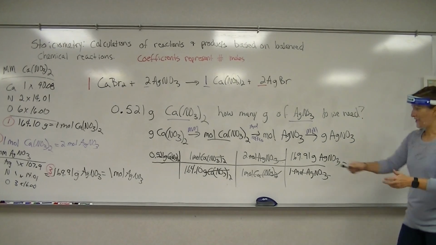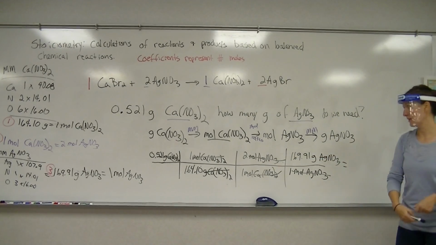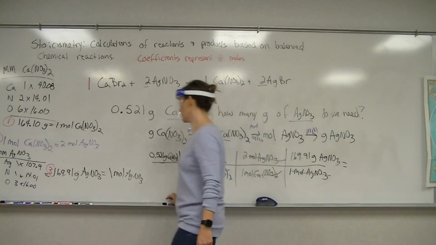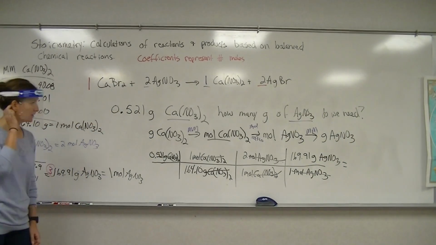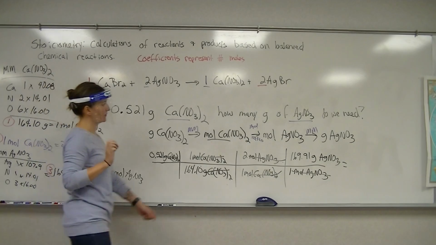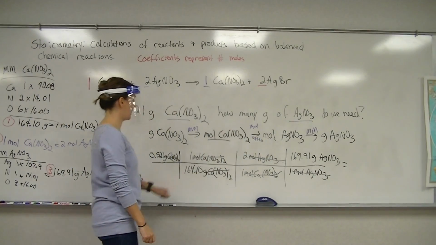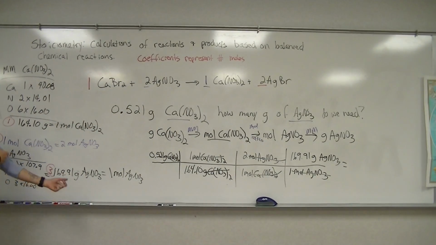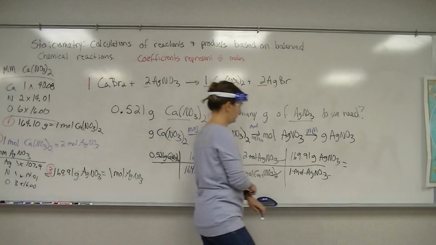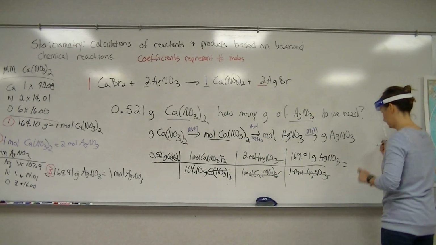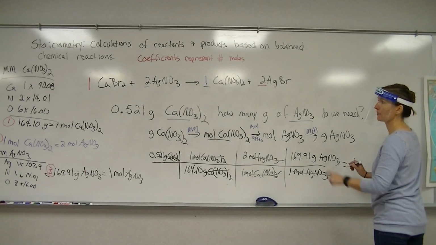So that's a lot. Multiply all the way across and divide by what's in the bottom. 0.521 times 1 times 2 times 169.91 divided by 164. How many sig figs? 3.